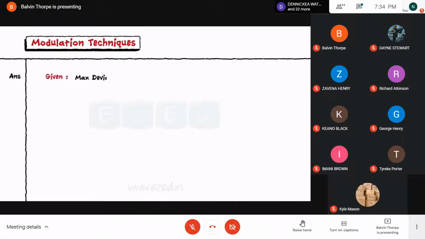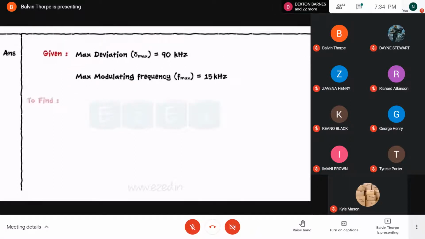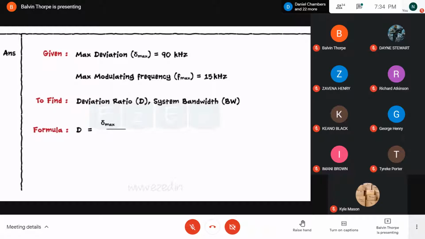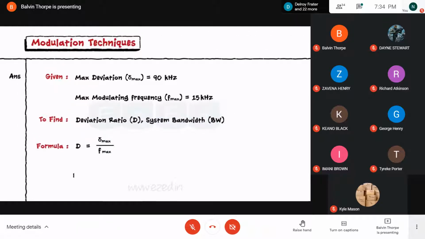We have maximum deviation equal to 90 kHz and maximum modulation frequency equals 15 kHz. We need to find the deviation ratio and system bandwidth. For that, we use the formula D equals delta max upon F max, and bandwidth equals 2 times (max deviation plus max frequency).